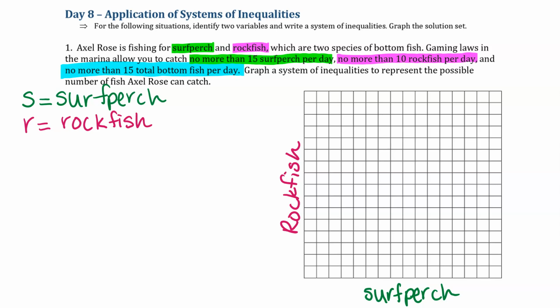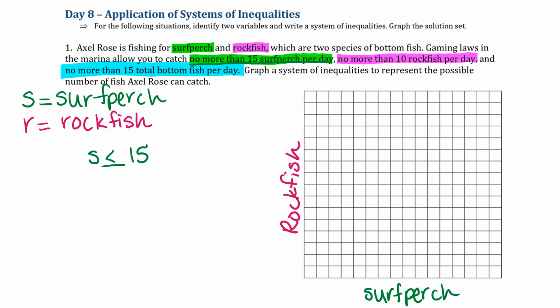The first part says that you can't catch more than 15 surf perch per day. So if I'm talking about the surf perches, I'm going to use S. And then I can't catch more than 15. Because it's an inequality, we need to have less than, greater than, whatever. No more than means it had better be less than or equal to 15. You can have 15, that's fine.